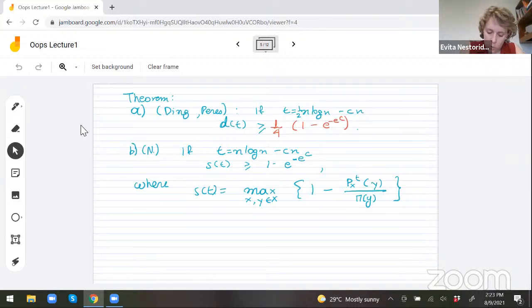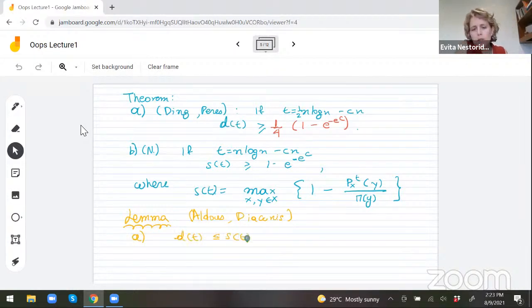Okay, so the usual way to use the separation distance actually, so the standard result, is for upper bounds, not lower bounds. So both things here are going to be due to Aldous and Diaconis. So the first one is that the total variation distance is always less or equal than the separation distance.